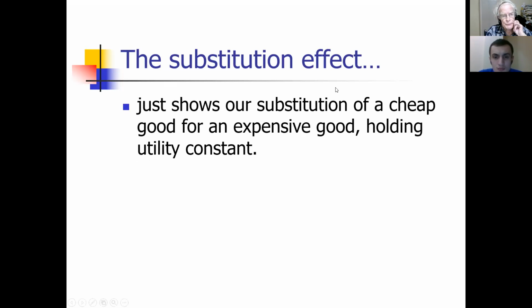Suppose that the price of rice goes down more rapidly than the price of meat. Then rice becomes cheap relative to meat. So we will substitute rice for meat. That's the substitution effect.